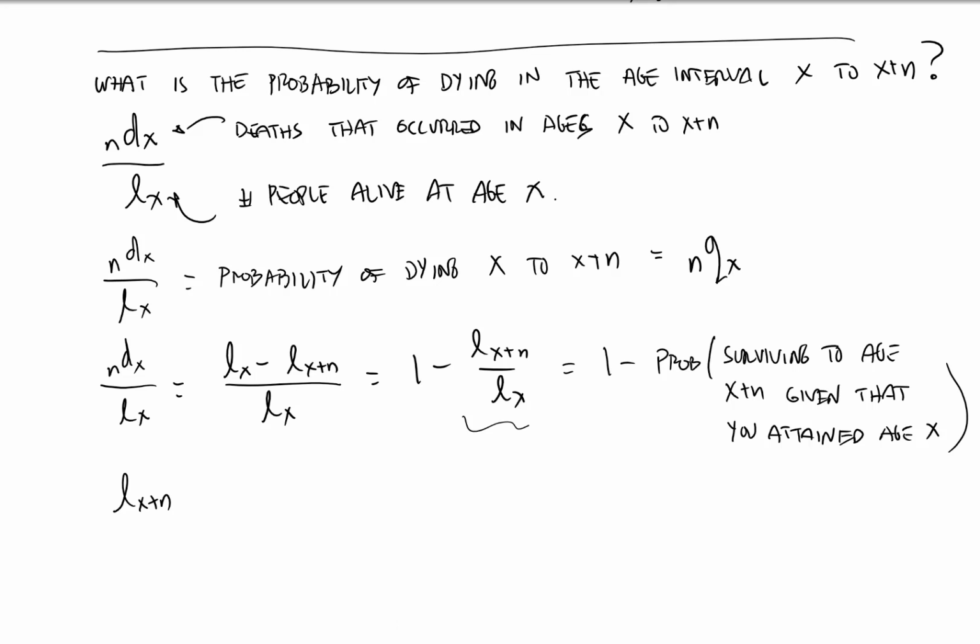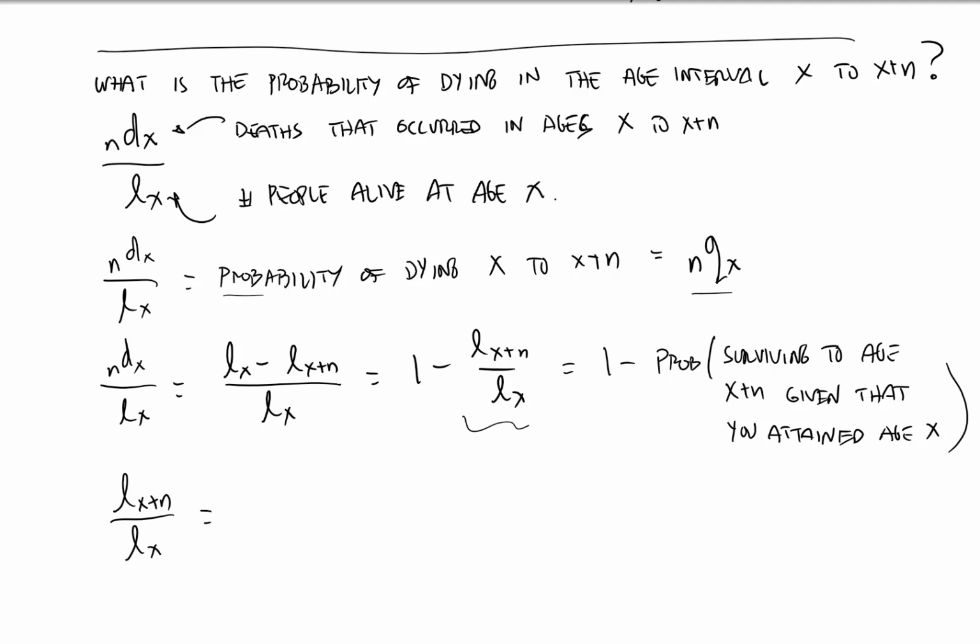So we call this thing, L of x plus n divided by L of x, just as important as the probability of dying. This was the probability of dying. We gave that a symbol. So we are going to call this the probability of surviving to age x plus n, given that you had made it to age x.